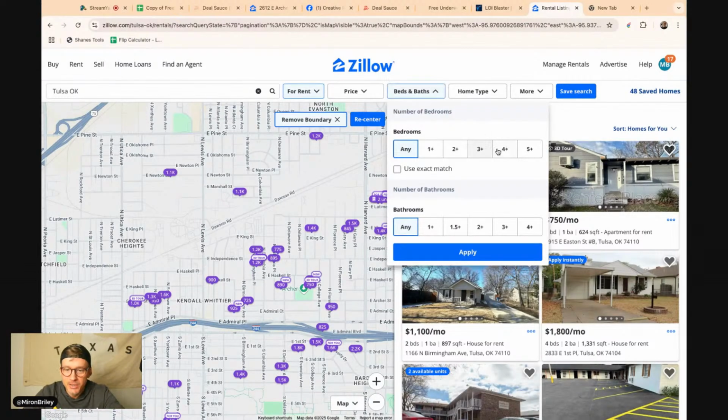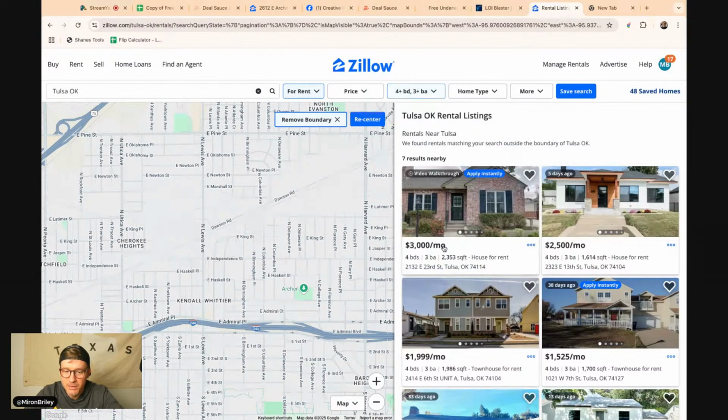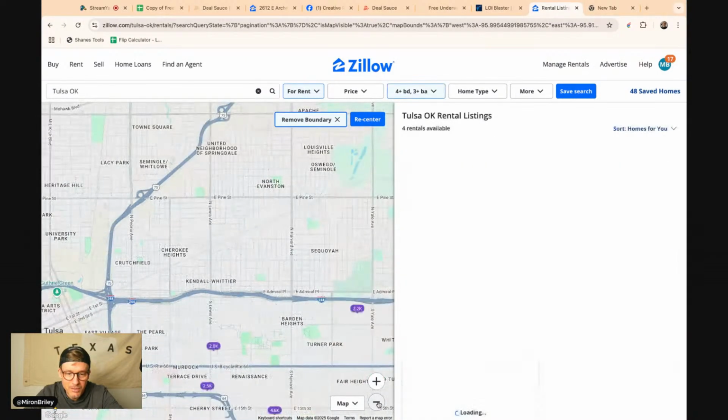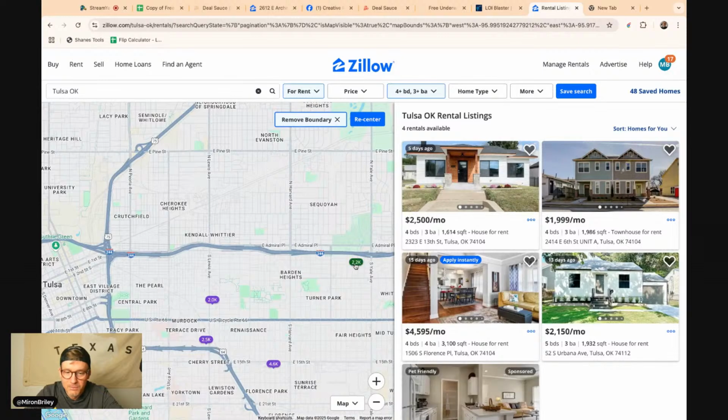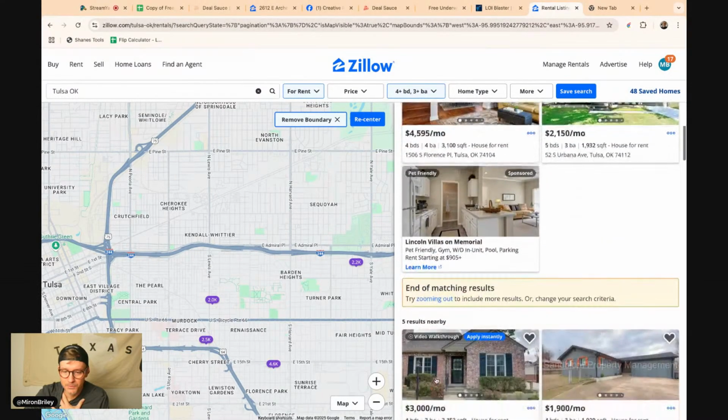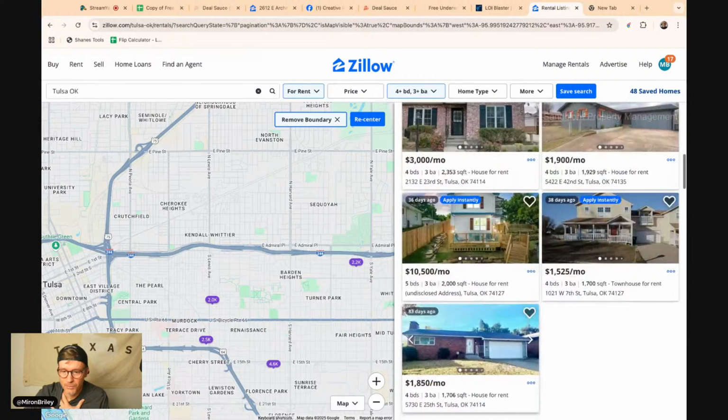Now I'm going to change this to a 4-3. I don't have anything over here. I think most of the rents are coming in higher because look, that's a brand new house or a brand new remodel. I bet it's closer to this range.